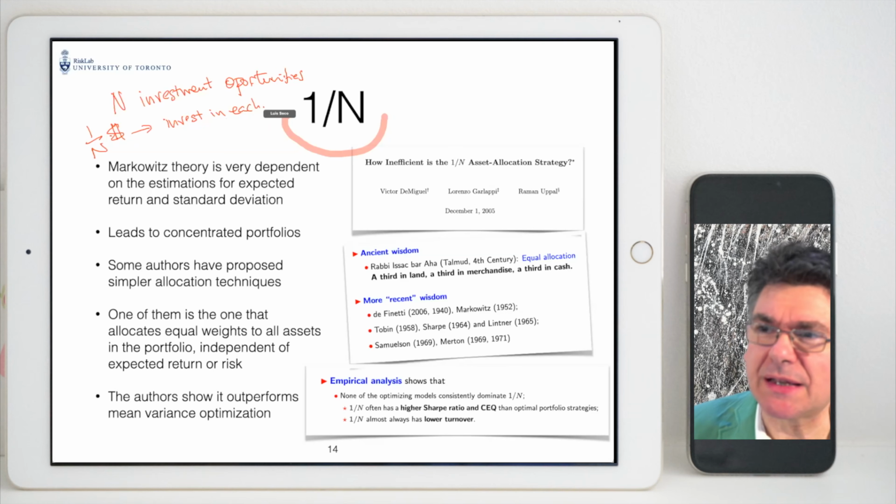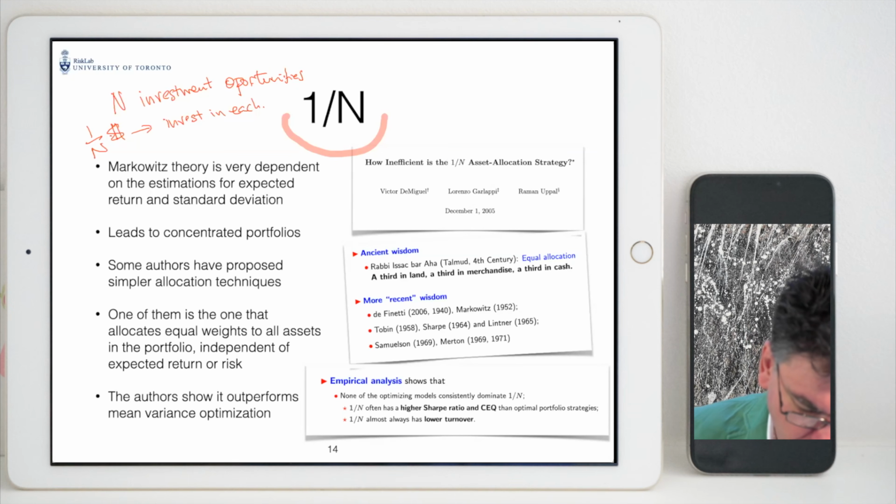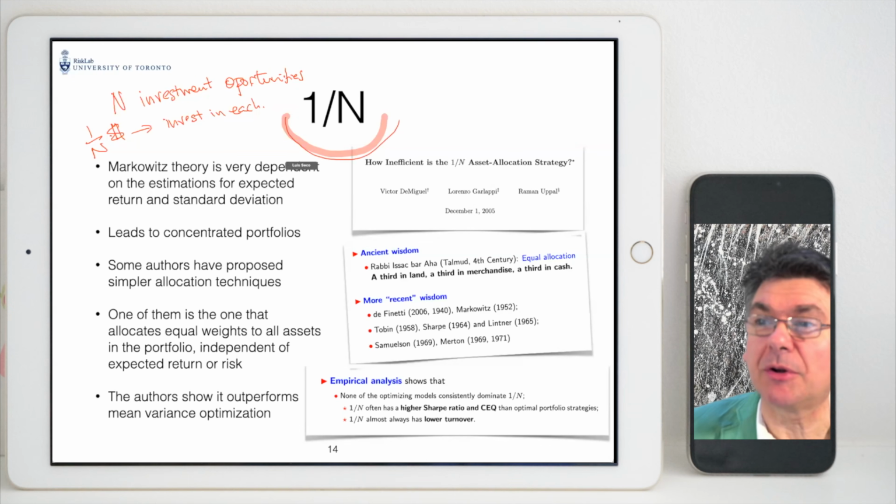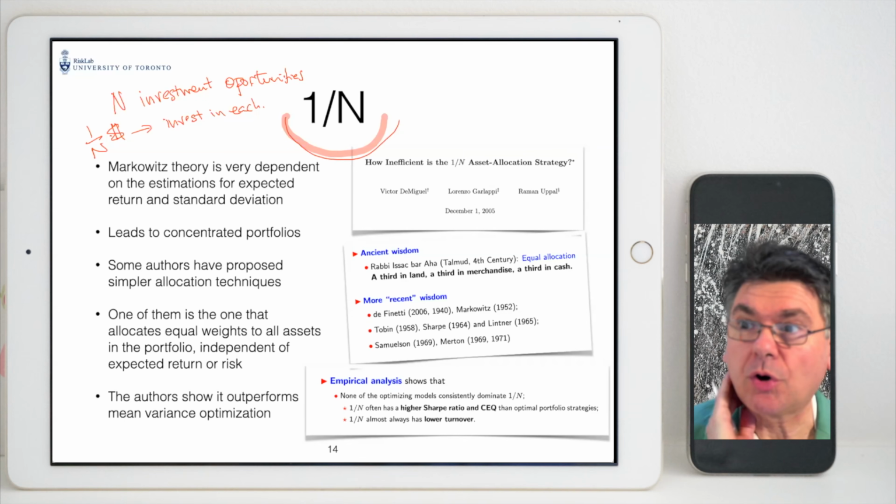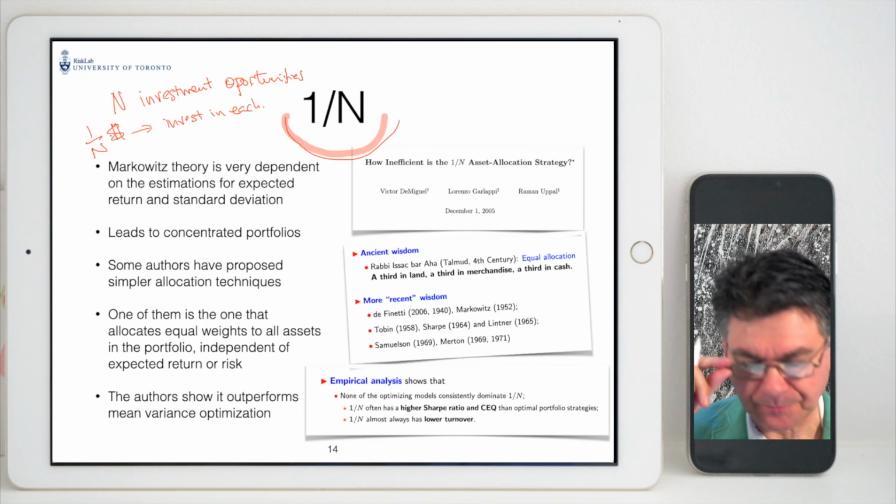In other words, you invest the same amount of money in each of those strategies. You don't need to know any math for this. You don't need to know any investment theory for this. You don't need to know anything. You just need to be able to divide the amount of money you have by the number of investment opportunities that you have.